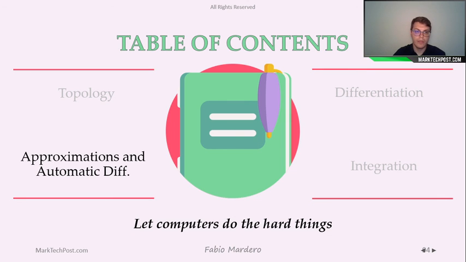So we have defined limits. We have understood how we can take advantage of limits and compute changes and rates of change using differentiation, derivatives, gradients, Jacobian matrices, directional derivatives, and so on.